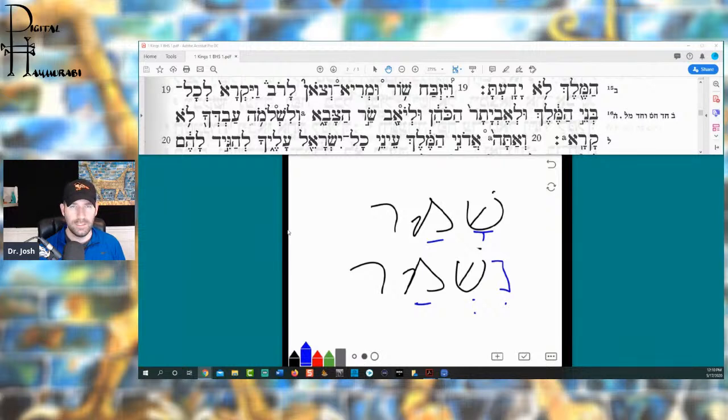So by changing the prefixes or the suffixes or the vowels or putting letters in between, as we'll see as we go through in just a second, they can change the meaning, or the nuance of the verb.